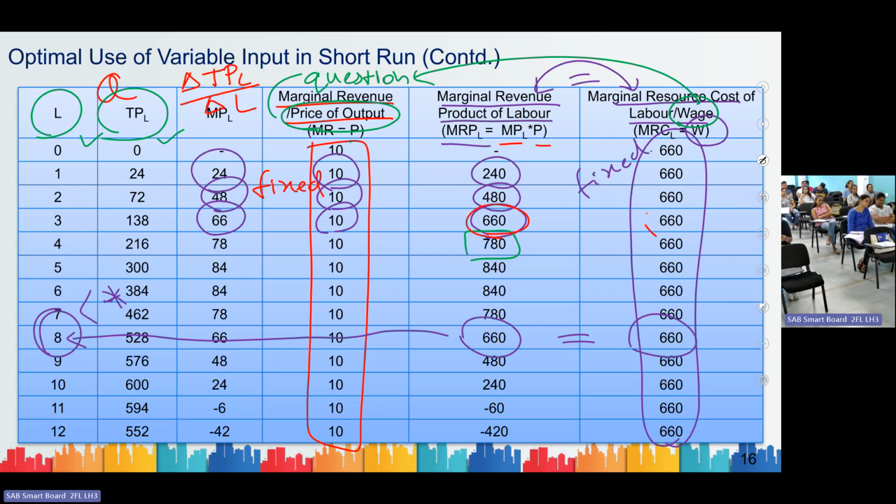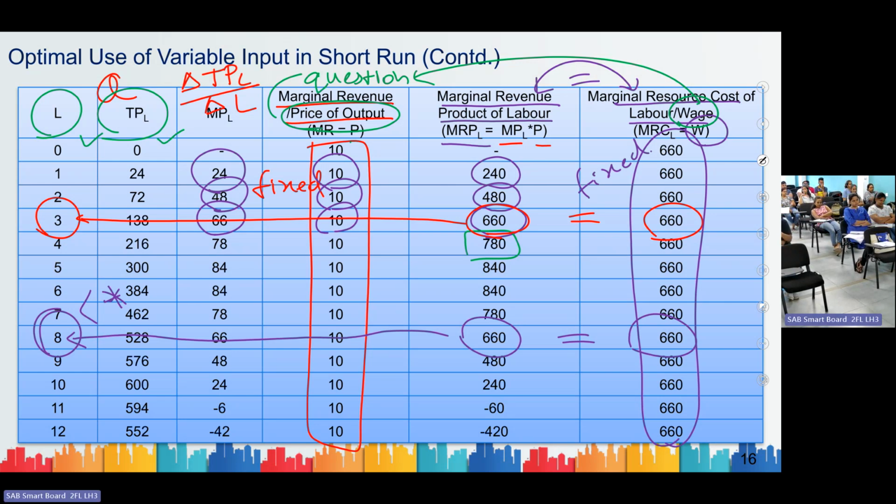At this level also, marginal revenue product of labor is equal to marginal resource cost of labor. So this also seems like the optimum level of labor. Can there be two optimum levels of labor? No, it's not possible. Then how to decide which is the correct level of optimum labor?